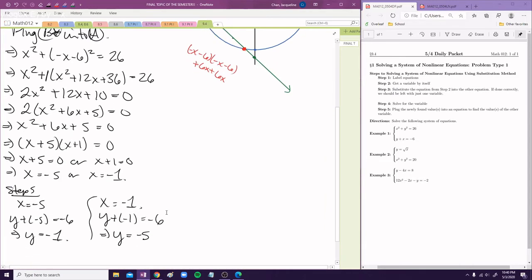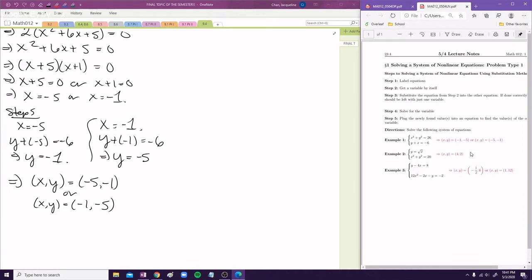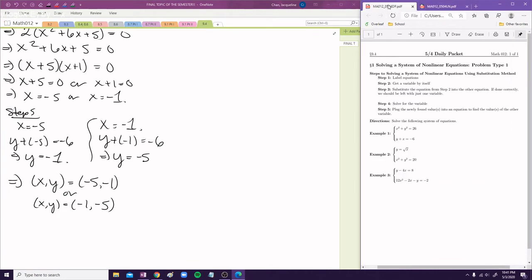So that means our answer is (x, y) equals (-5, -1), or (x, y) equals (-1, -5). Let's go to my solution, and that is what I got.